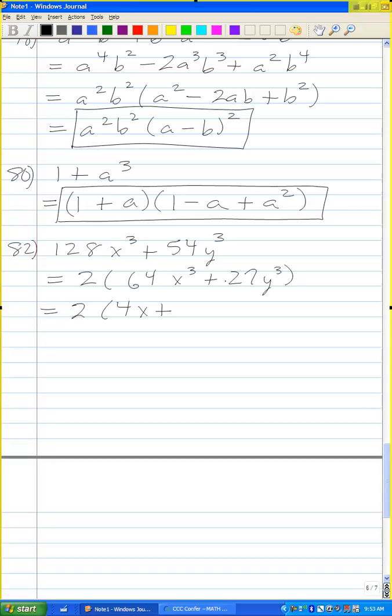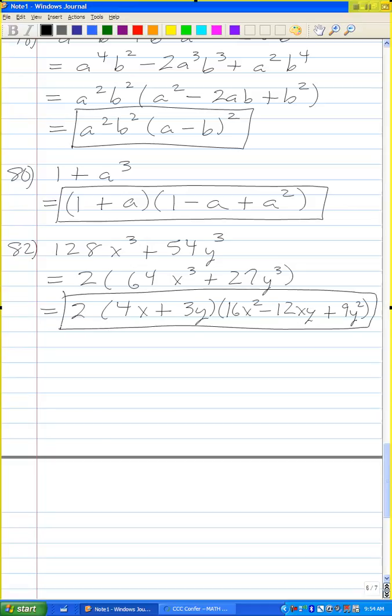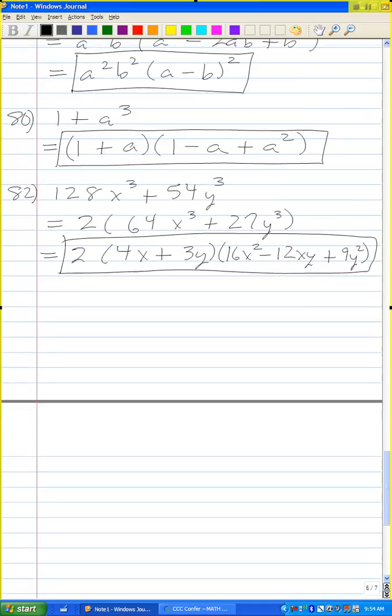Cube root of 27y cubed, 3y, times 4x quantity squared, 16x squared. Change the plus to a minus. 4x times 3y is 12xy, plus 3y quantity squared is 9y squared. And that is your answer. Again, the 16x squared minus 12xy plus 9y squared is irreducible over the integers.